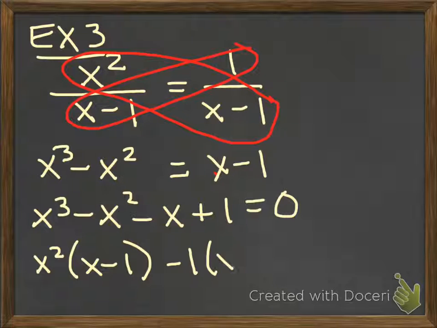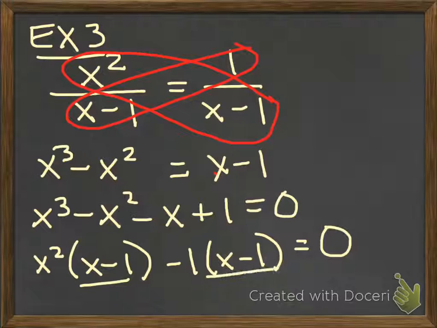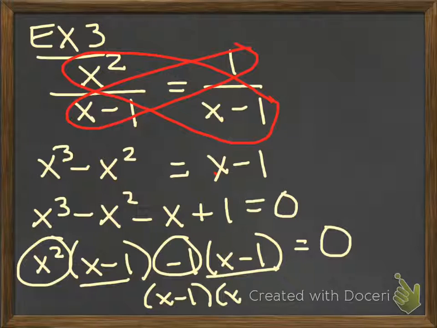And that gives me x minus 1, which equals 0. Now this is what they have in common, so that's x minus 1. And then what's left over is x squared minus 1 equals 0.